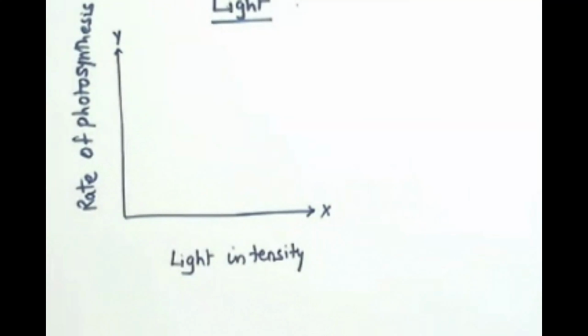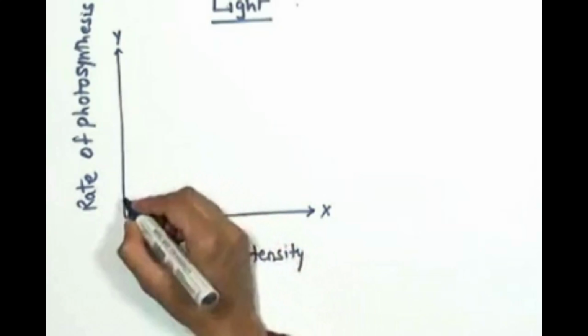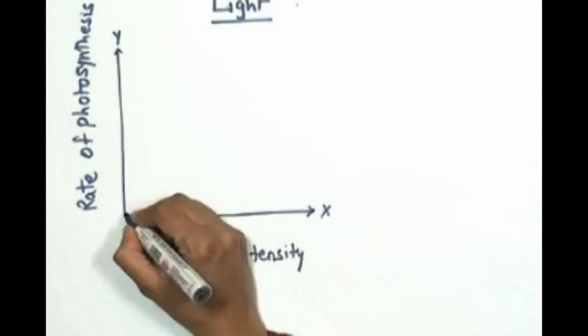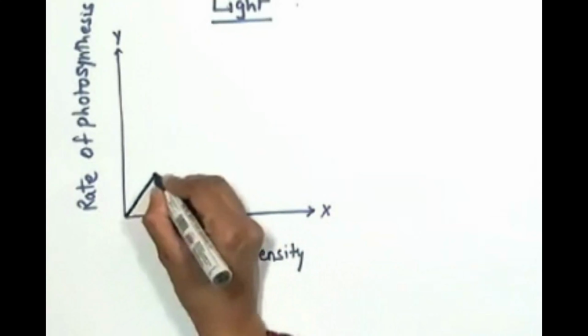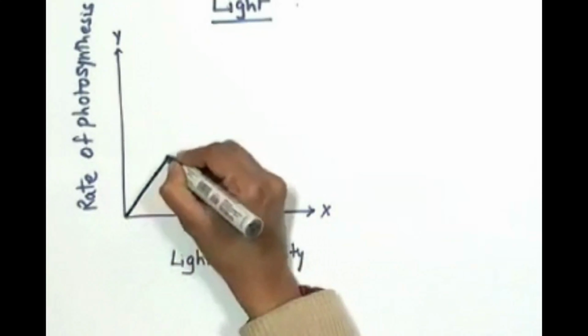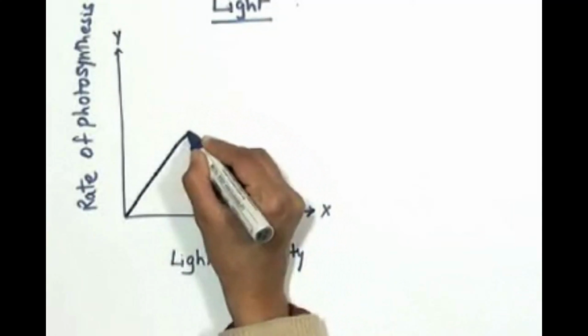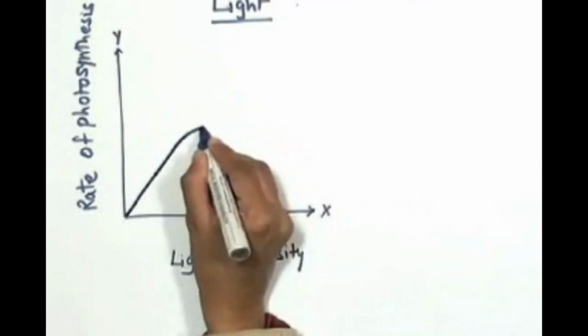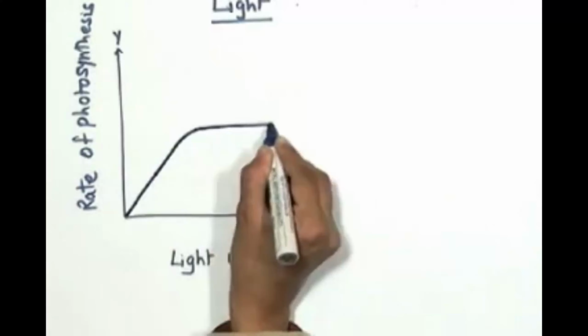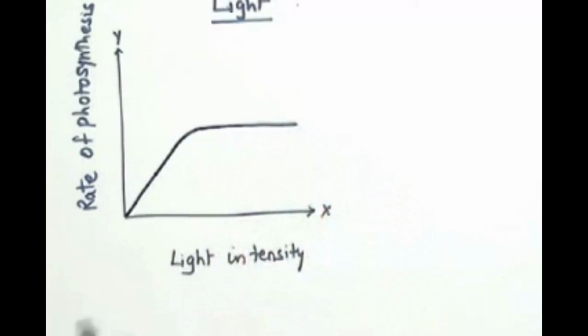There is a linear relationship between incident light and carbon dioxide fixation at lower light intensities. But as the incident light increases, it doesn't show further increase in photosynthesis, as depicted in this graph.